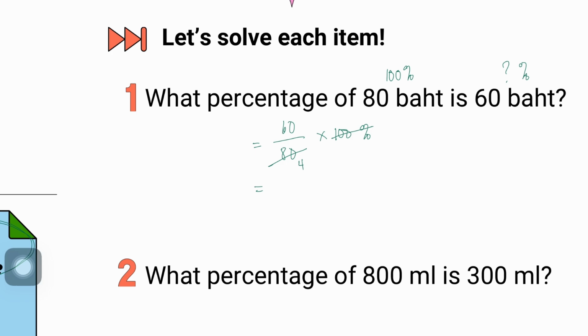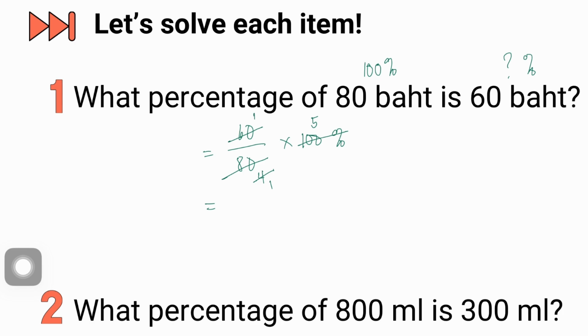And 100 divided by 20 is 5. 60 and 4 are both divisible by 4. Now 4 divided by 4 is 1. And 60 divided by 4 is 15. Now you are left with 15 times 5. That is 75. So that means 60 baht is 75% of 80 baht.